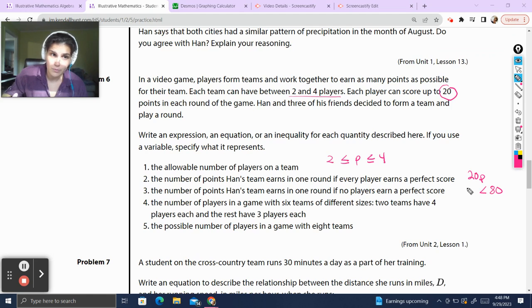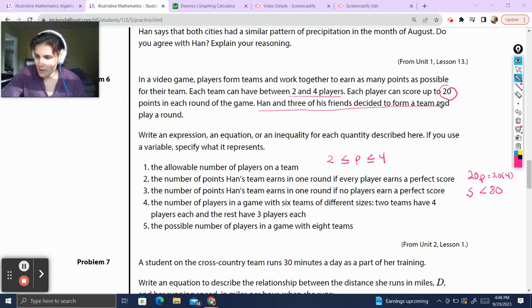So no players earned a perfect score, so it would have to be less than 80, where S would be the score. We could also simplify the expression above, because there's 4 players, and rewrite this as 20 times 4, because we remembered Han and 3 of his friends form a team. So there are 4 players on the team.